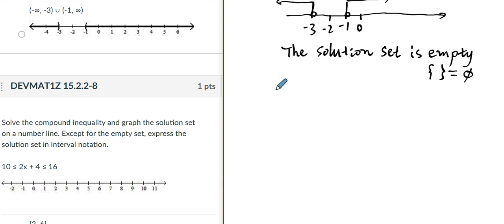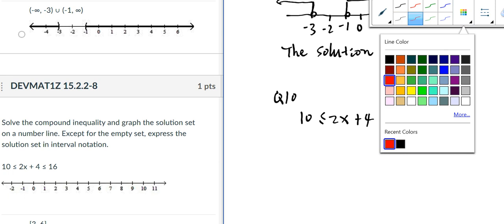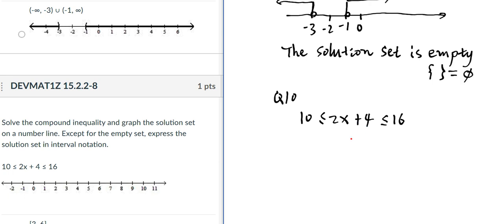Now, for question 10, we have 10 less than or equal to 2x plus 4 and less than 16. Okay. Let me change the color to red. Subtract 4 everywhere. That's what we do. So you cancel this 4.